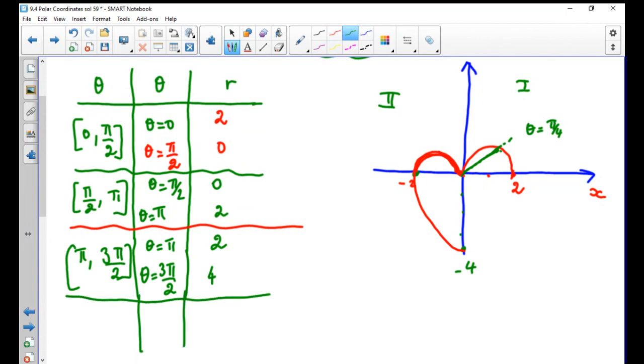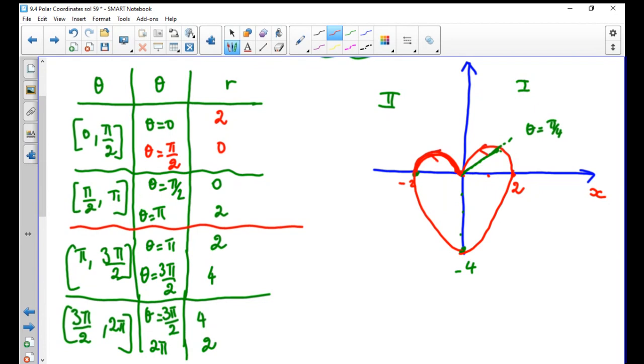And from 3 pi over 2 to 2 pi, we already have this 3 pi over 2 is the 4. So we're starting from 4 here. And at 2 pi, it's the same as 0. Yeah, we're coming back to the same point, and the value of r will be 2. So we're coming back to this point here.